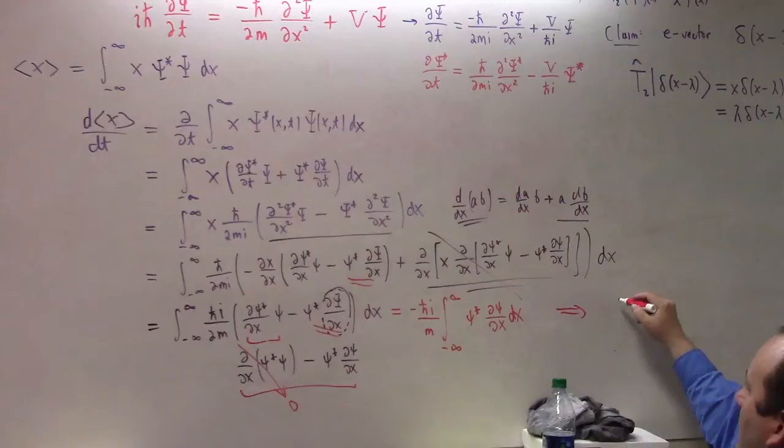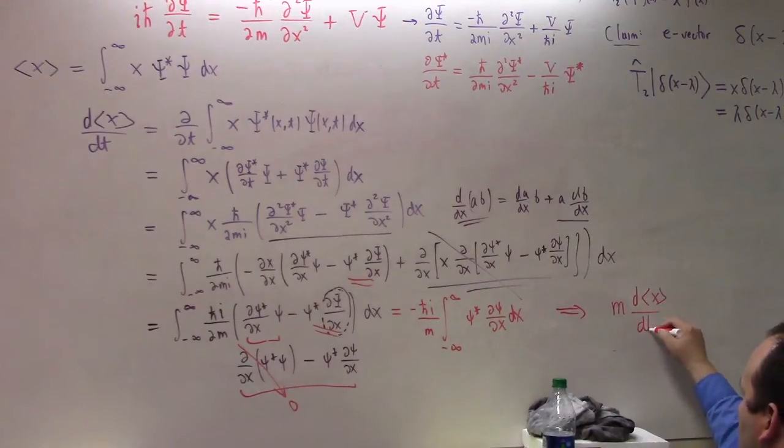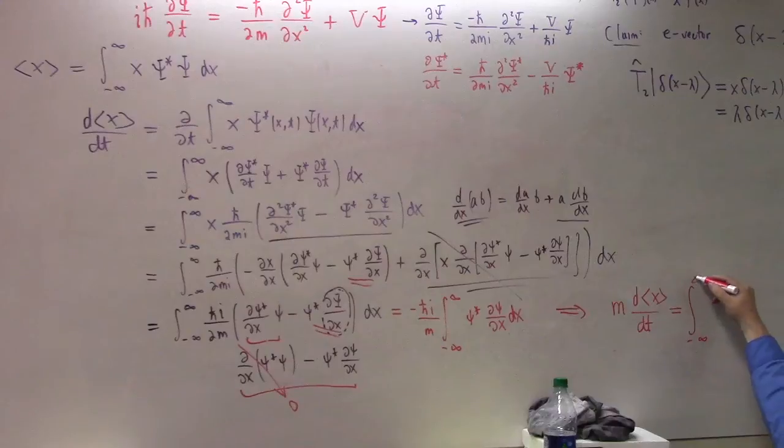So, m dx dt equals, check this out, guys, the integral from minus infinity to infinity of psi star, and then the operator h bar over i partial x acting on psi.